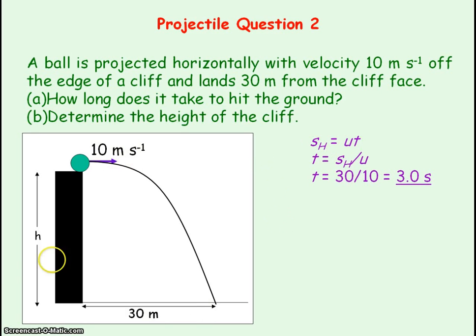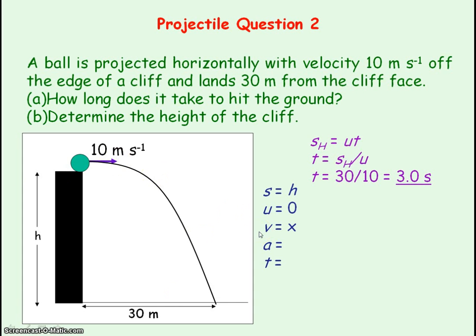To determine the height of the cliff, which is our vertical displacement, we need to use vertical motion, so the equations for uniform acceleration, the SUVAT equations. So s is our h, which we're trying to find out. The initial velocity vertically is 0 because we have a horizontal projection.